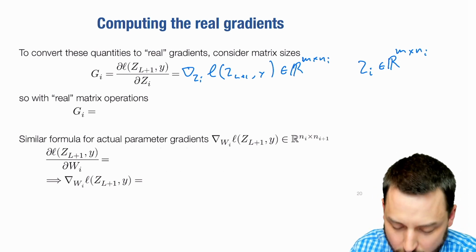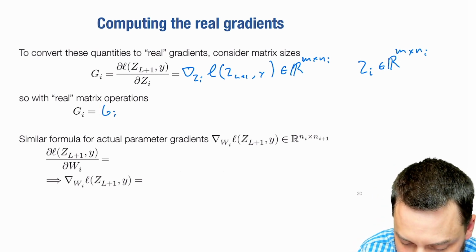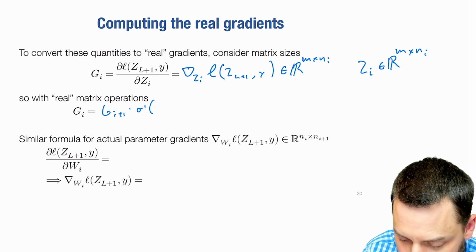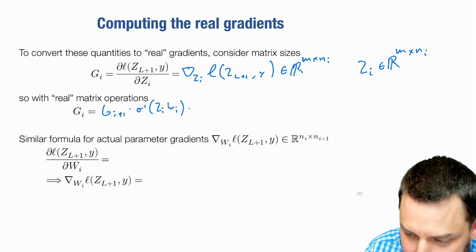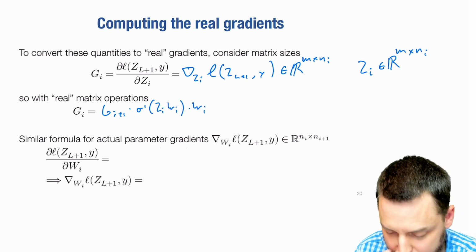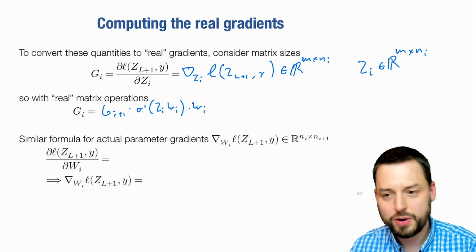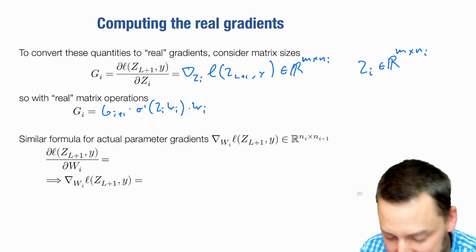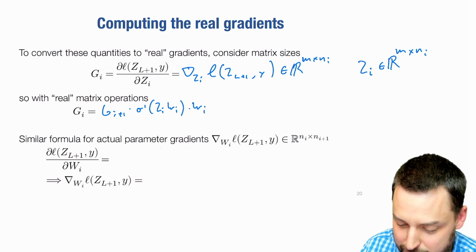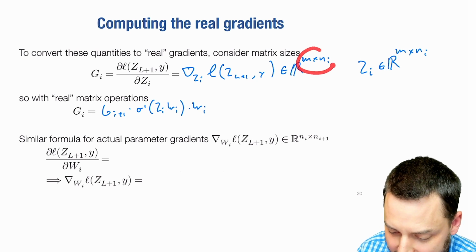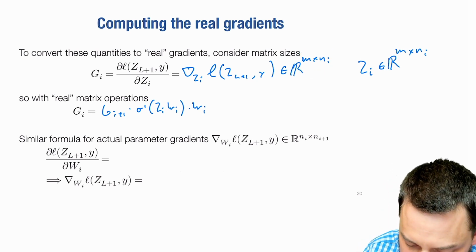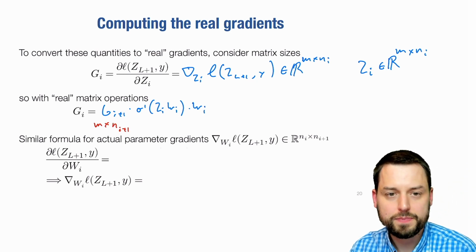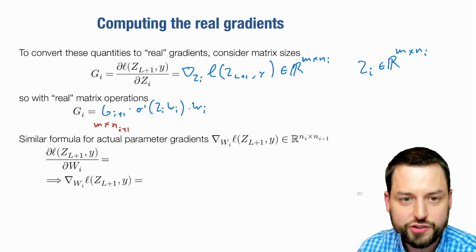So G_i, just copying what we had in the last slide, and I have to count on you that I'm copying correctly here, was G_{i+1} times sigma prime of Z_i W_i times W_i. We're going to do this again in the next half of this slide too. G_{i+1} is going to be the same size as for our next vector, so that will be m by n_{i+1}.